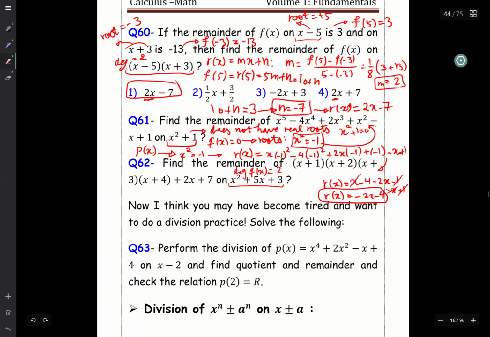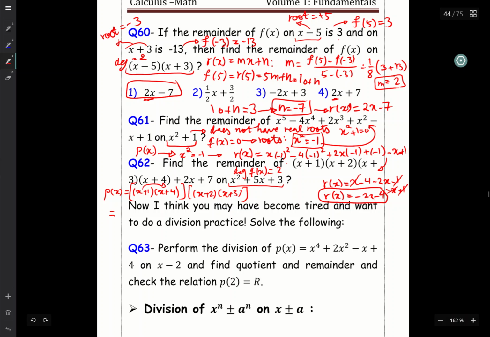This is not a general trick, but it applies here. So let's have a look at the form of (x+1)(x+4) times (x+2)(x+3). Now, why did I factorize this in this way?